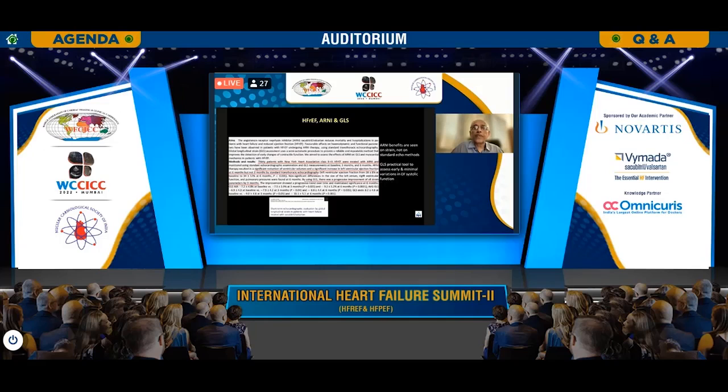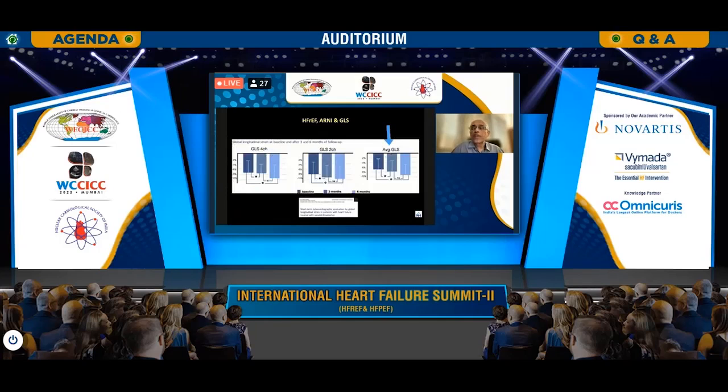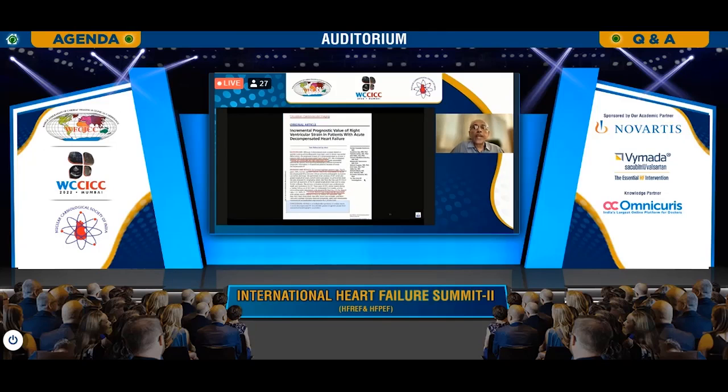So at the end of 3 months, the EF was not able to identify, but GLS was able to identify an improvement in the LV function. So the conclusion was it's a practical tool to assess early and minimal variations in LV systolic function. So this shows the GLS improving at 3 months, and how it is a much better tool compared to the EF itself. Then what about the right ventricular strain?